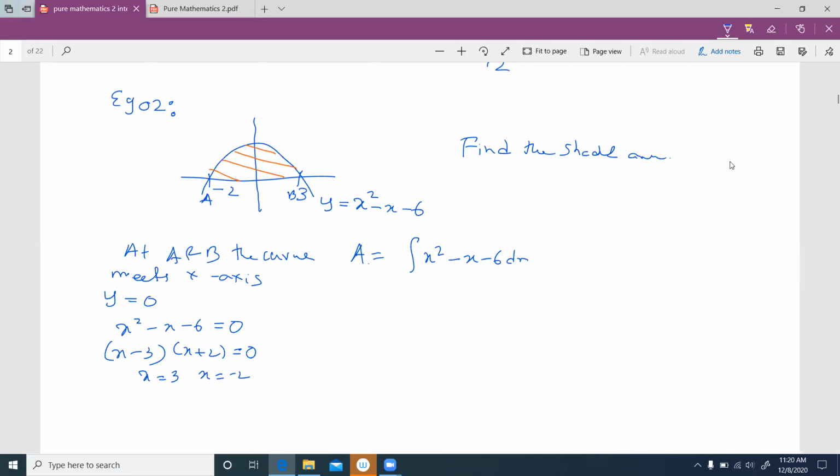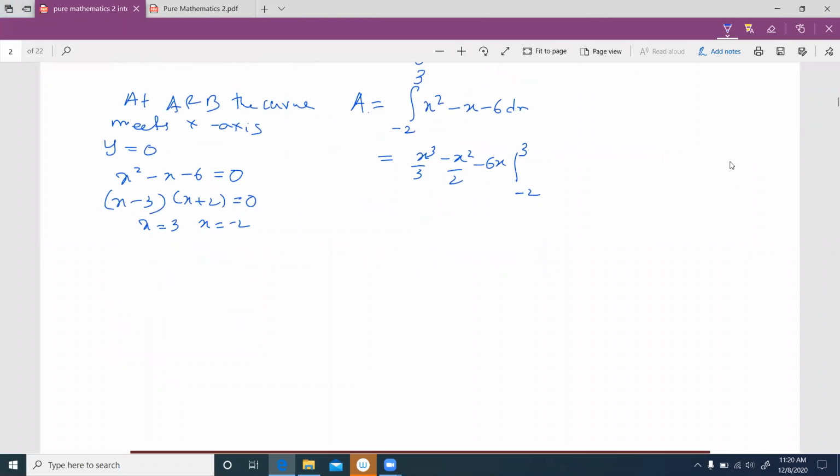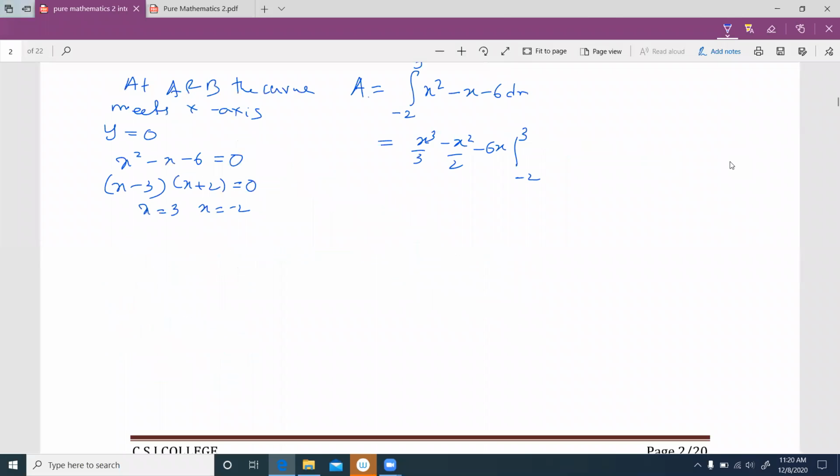So now you can do this integration from minus 2 to 3. The first part of the integration is x cubed over 3 minus x squared over 2 minus 6x, from minus 2 to 3, right? Then you have to substitute the boundaries: substitution of 3, 3 cubed over 3 minus 3 squared over 2 minus 6 times 3, the upper boundary, minus the substitution of the lower boundary.